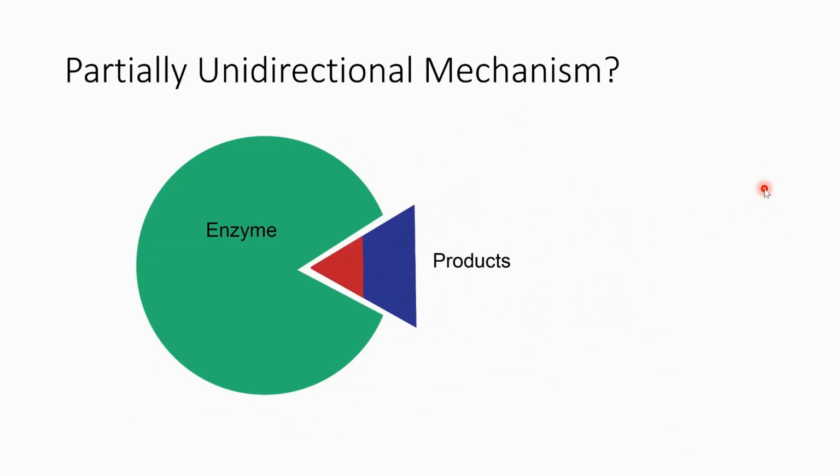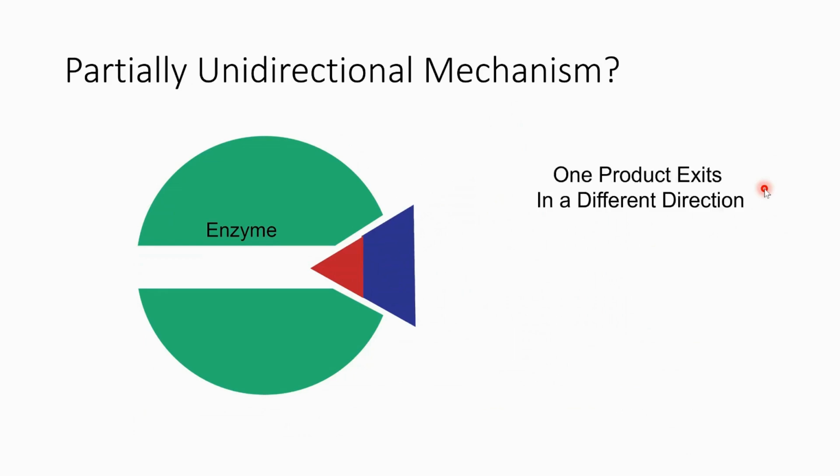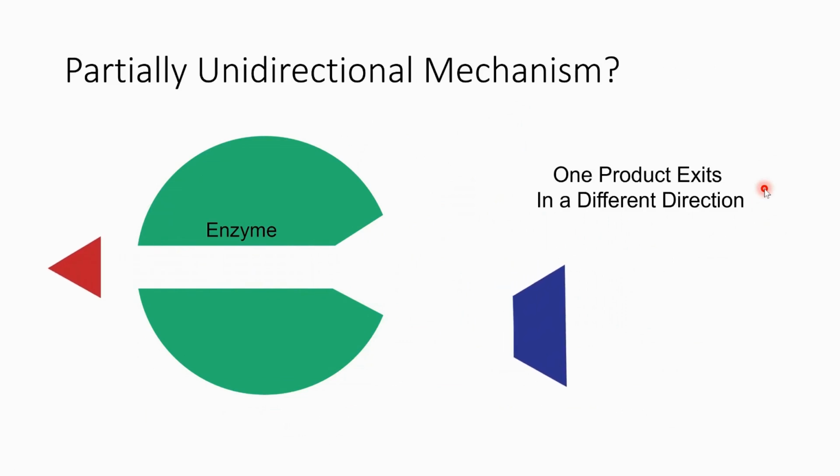What we're thinking, though, is that it could be more efficient in the case of LPL to have a partially unidirectional mechanism. Following hydrolysis, instead of having the products exit the same way they entered, you could have one product exiting from the other side of the protein. This has the appeal of being very efficient because it would allow you to processively hydrolyze the free fatty acids without having to repeatedly release from the substrate.